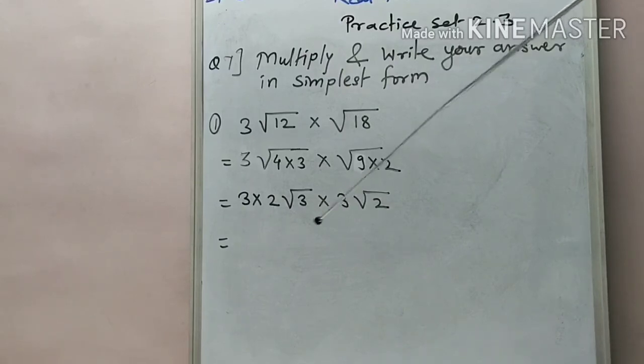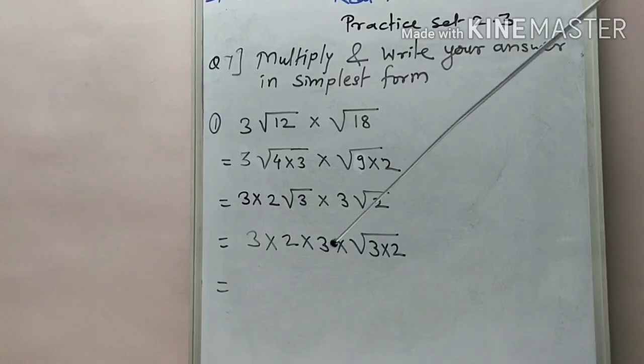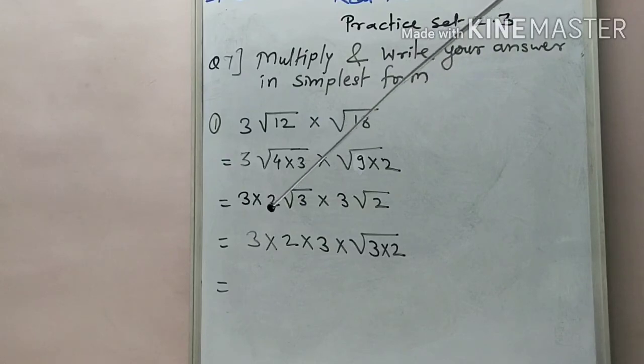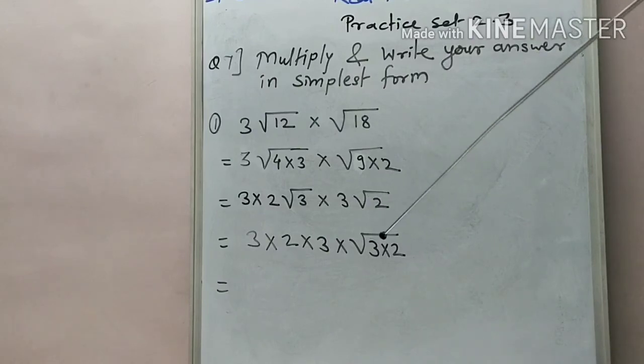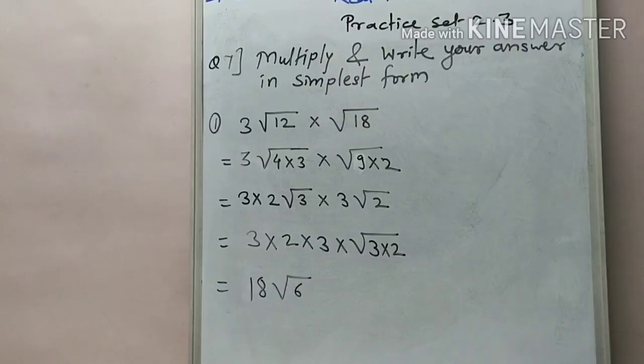Now what we do here is the product of these rational numbers and these radicands. Pay attention over here. 3 into 2 into this rational 3, into the radicands, because here the order is the same, so we do the product of these radicands, 3 into 2, and now we write down the answer as 18 root 6.